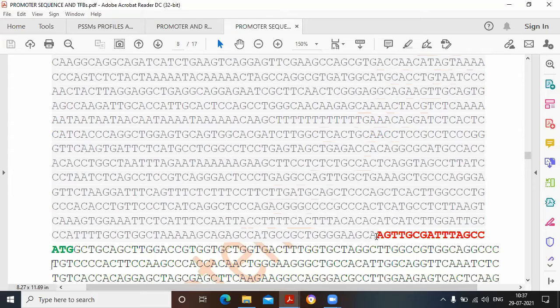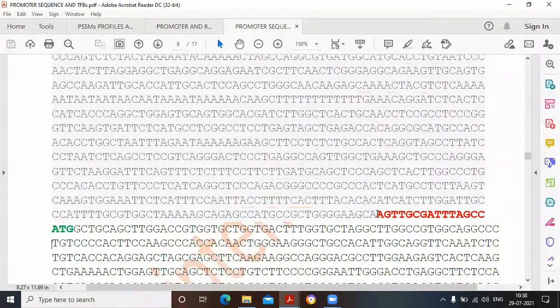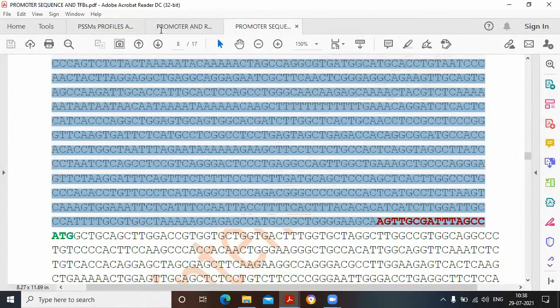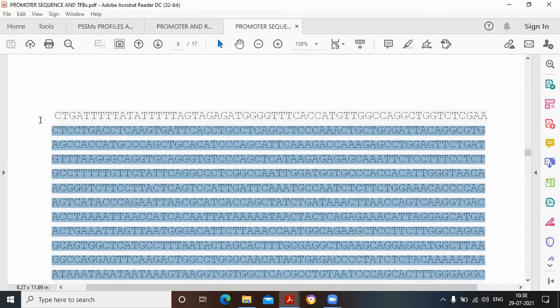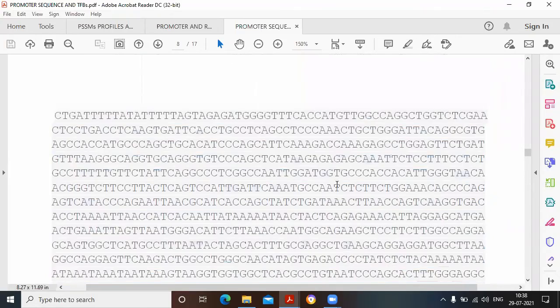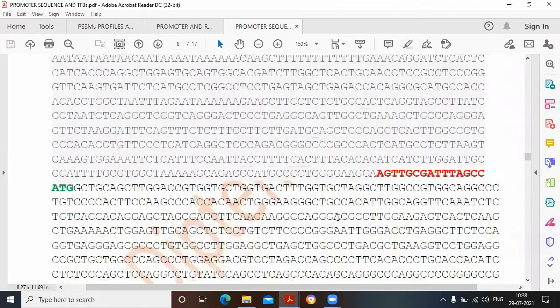So if you count from here, if you go to the -35 position, you can see at least 4 alphabets will be common with the normal conventional eukaryotic promoter sequence. Okay, so this is the one way. So we got the entire sequence with respect to the gene, what is the untranslated region, where exactly the total regulatory sequence along with the promoter part is present.